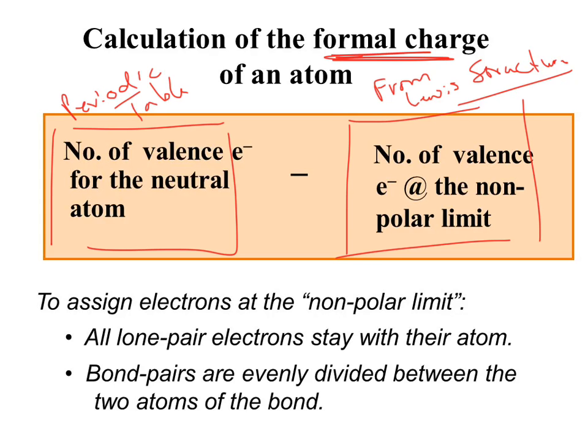Wherever there's a covalent bond, whether a sigma or pi bond, you split those electrons equally: one electron goes to atom A, one electron goes to atom B. If it's a double bond, you go 2 and 2, so they all share it. And if in your Lewis structure an atom has a pair of lone pair electrons, it gets full custody of those electrons. No need to split them. So this comes from your Lewis structure, this comes from the periodic table, whatever the subtraction is, and positive and negative does make a difference.